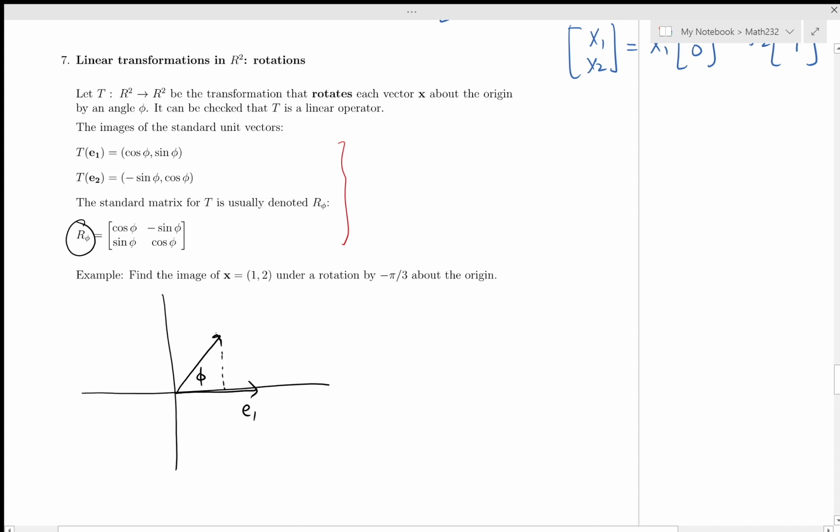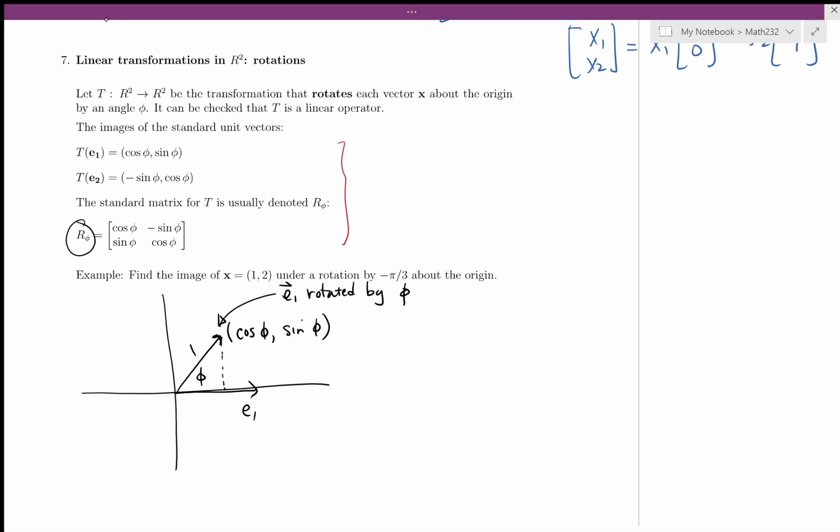We can see, oh, this vector here is the vector cosine phi, sine phi, right? Because this length here is 1. It's a rotation of E1. So this vector right here, which I've identified as cos phi, sine phi, is E1 rotated by phi.